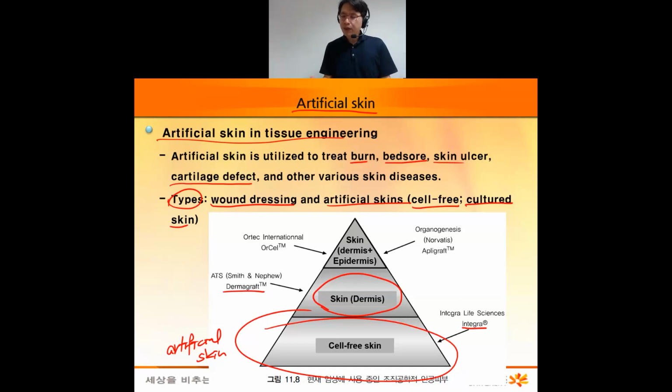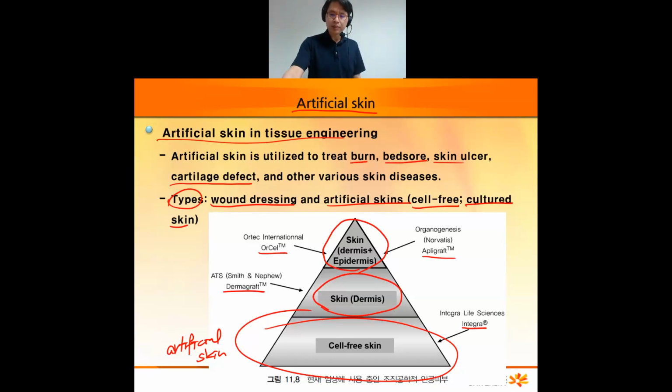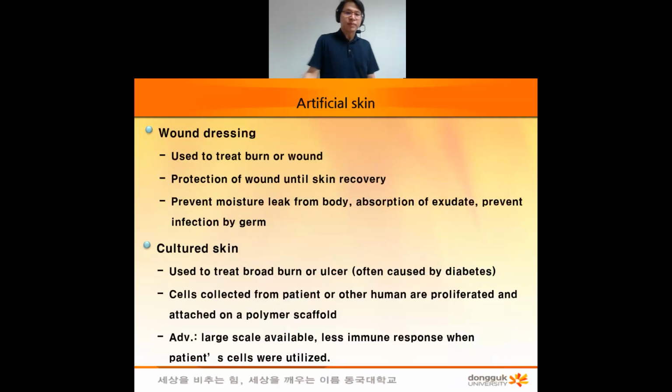And there also exists, in a small amount, dermis plus epidermis skin. Orcel from Ortec International or Apligraf from Novartis are examples of skin containing dermis and epidermis together.